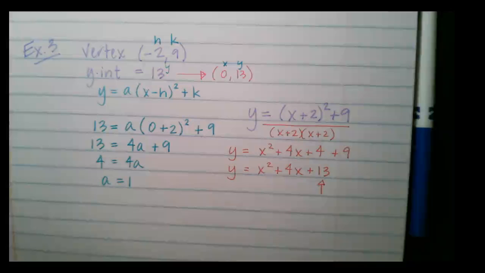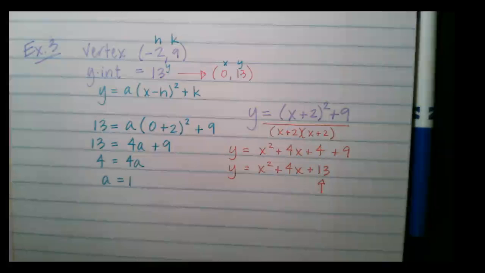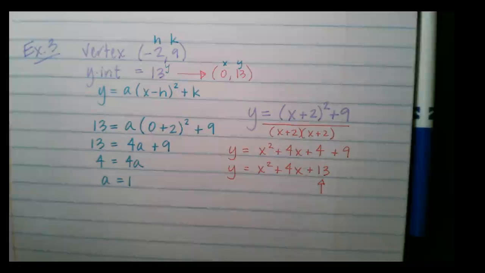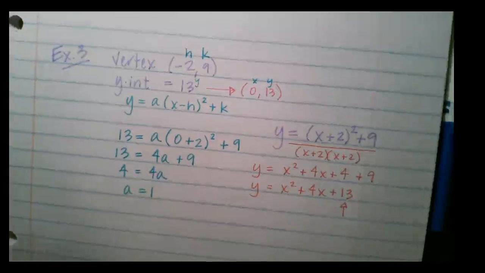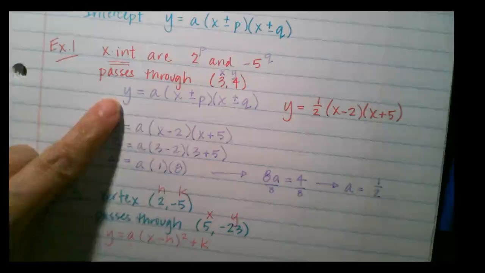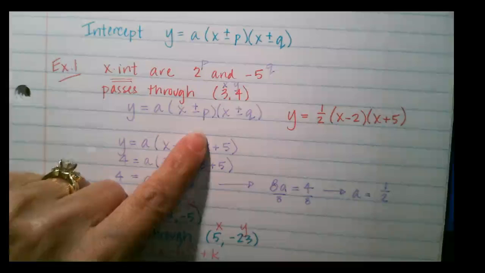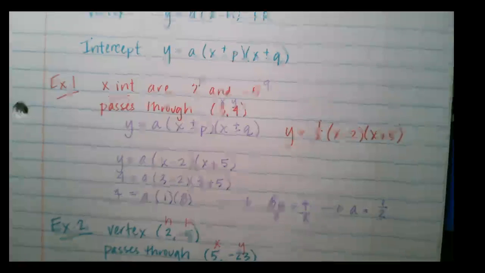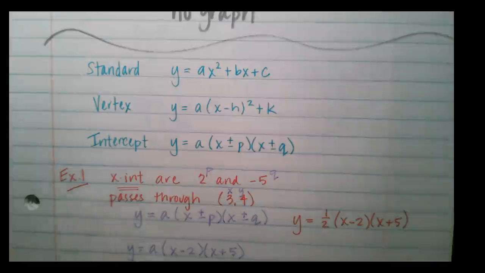All right, so bottom line is that we have 3 forms that we can work with. You really are going to start with the form based on the information that you're given. So if you're given the vertex, it makes sense to start with vertex form. But if you were given the x-intercepts, it makes sense to start with intercept form. Now, make sure you pay attention to what form you're asked for in the answer.